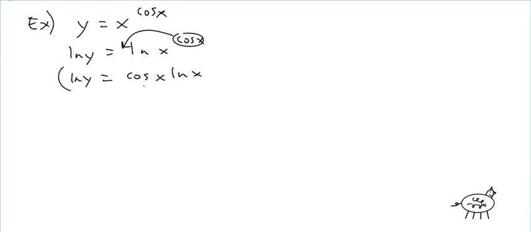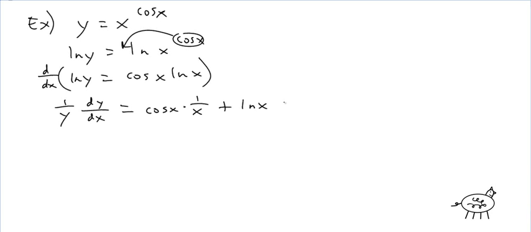And then I'm going to take the derivative with respect to x, dy dx. That gives me 1 over y dy dx is equal to, let's just do the product rule, so it's the first times derivative of the second plus the second times derivative of the first.